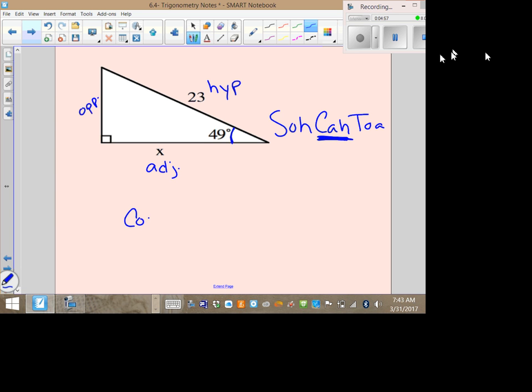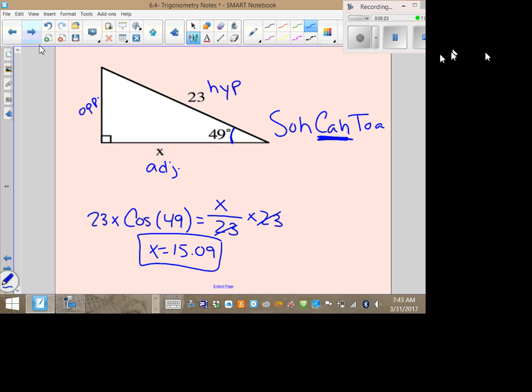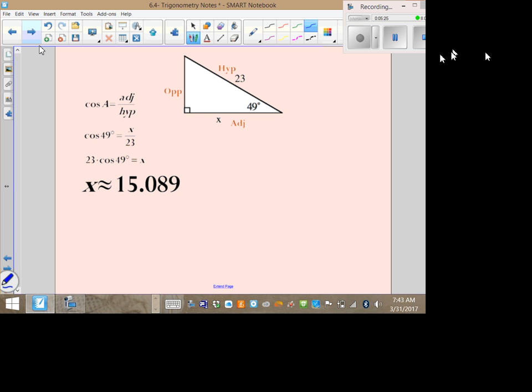So we're going to get our cosine of 49 equals your adjacent, your x, over your hypotenuse, which is 23. Multiply by 23 on both sides to cancel that out. And we get x to be 23 cosine of 49, which we solve to be 15.09. So again, here you can see we have our x to be 15.09.